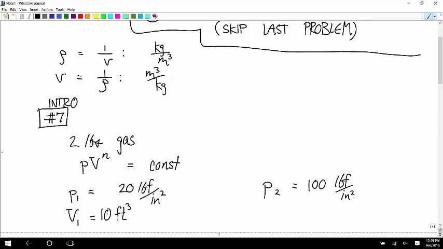And at the end, it's 2.9 cubic feet. What's the value of N?